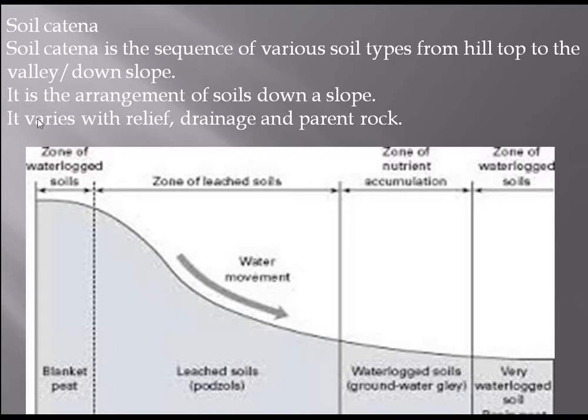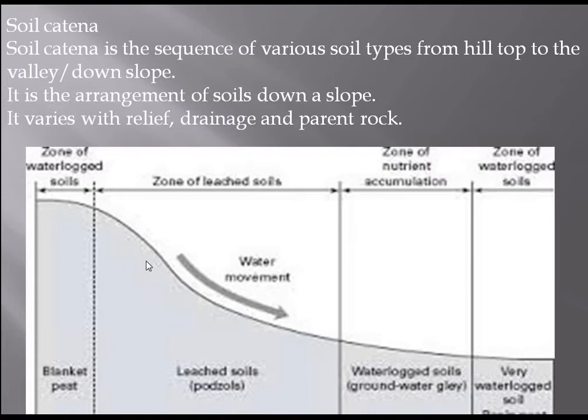On top, we have stony, rocky kinds of soils. Then as you come down, we have loamy, fertile, mature, deep soils. Then as you go to the valley, we see the swamps, the waterlogged soils, and then very waterlogged within the swamp itself.